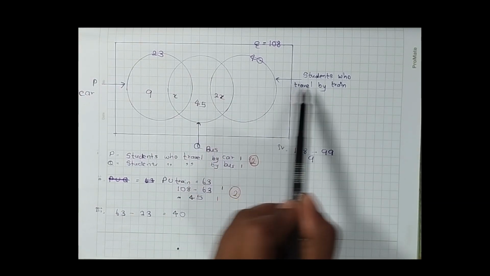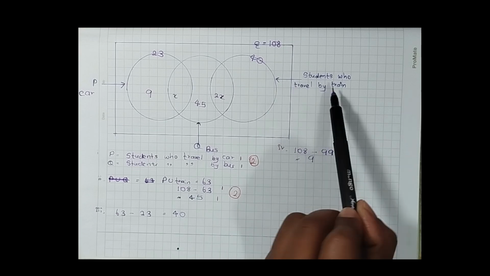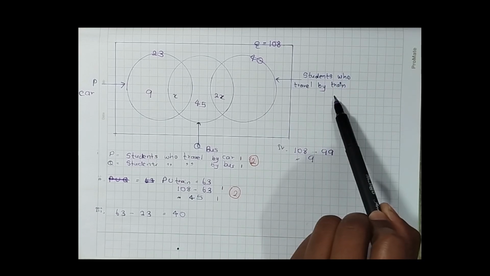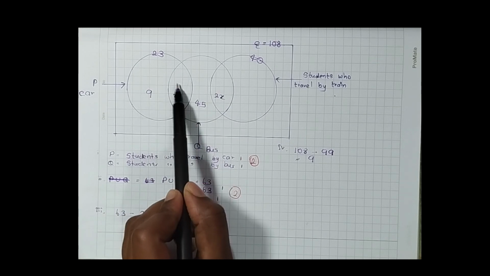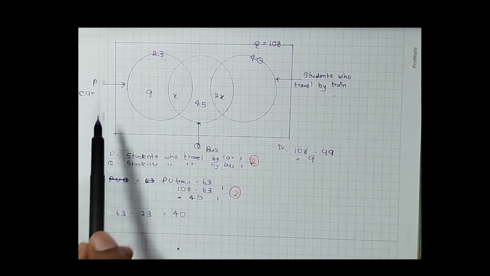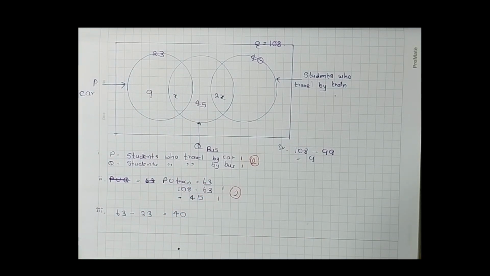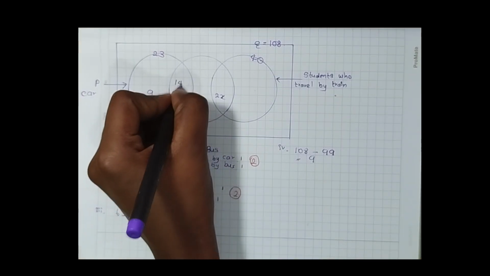Then we have to find how many students only use train. When you see here, you can find the intersection of P and Q: 9 subtracted from 23, you get 14.